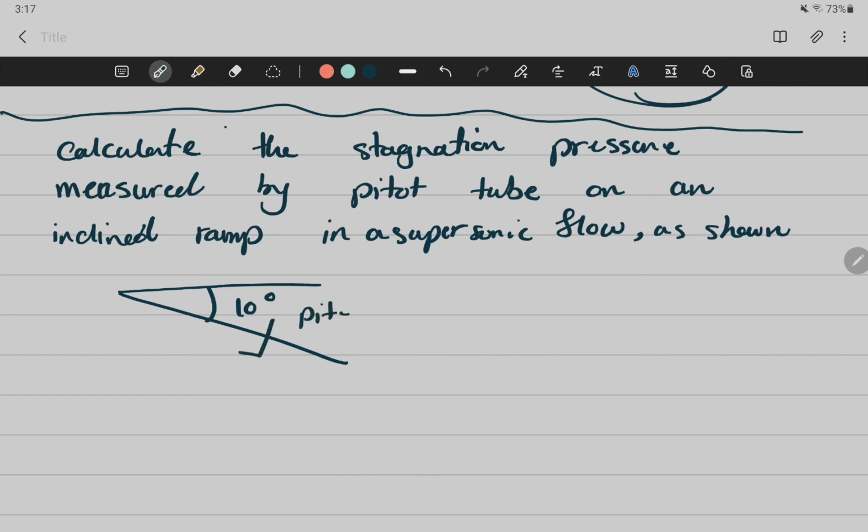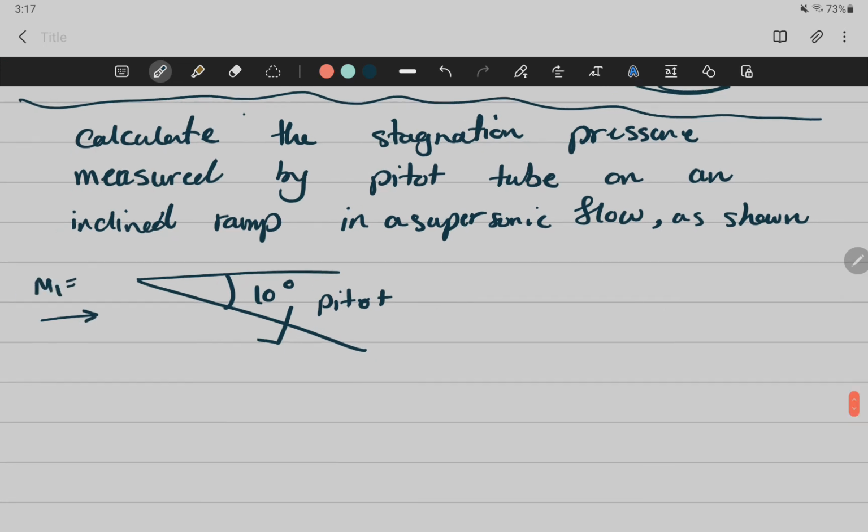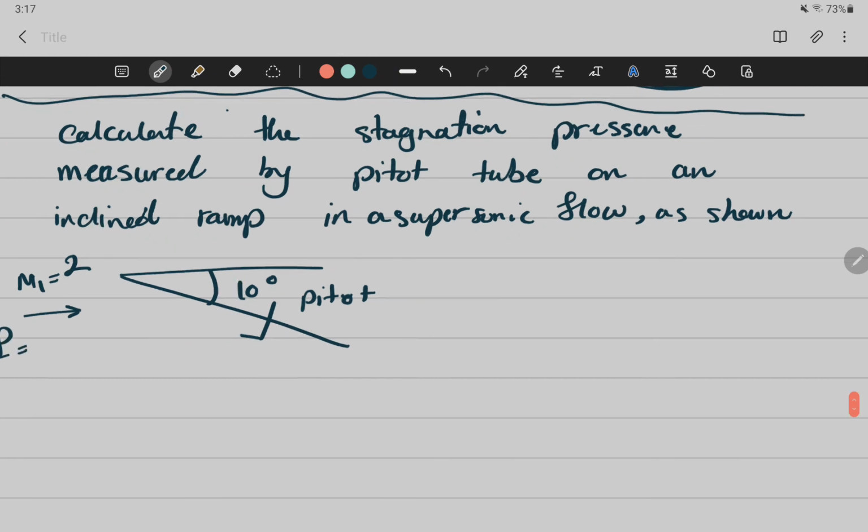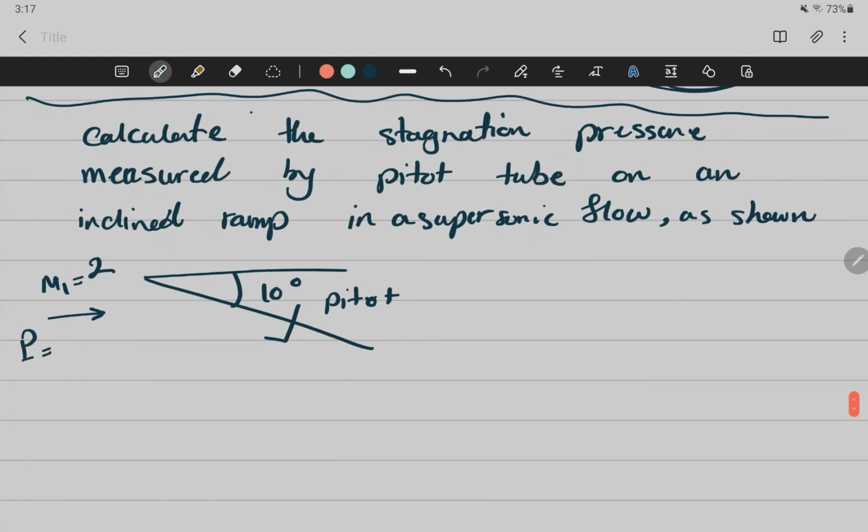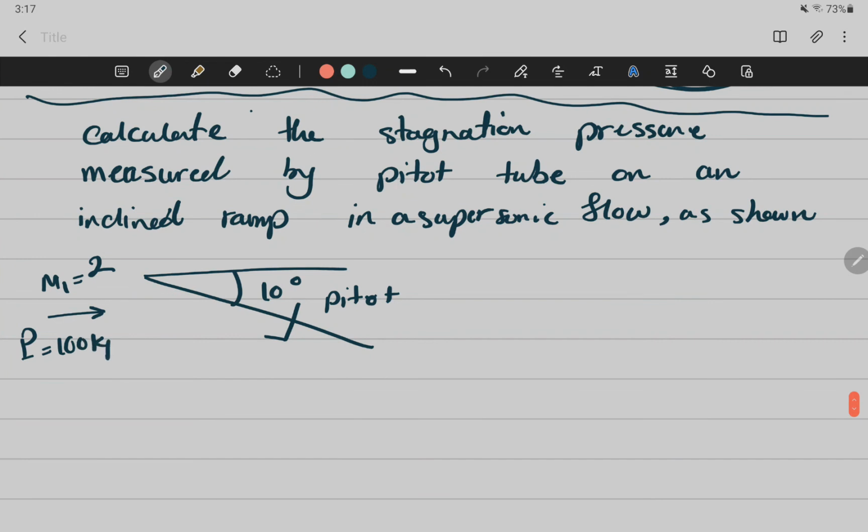We have the pitot tube, M1 approaching this is 2, and we are also given the static pressure, 100 kilopascals. We want to find the stagnation pressure at the pitot tube. Okay.